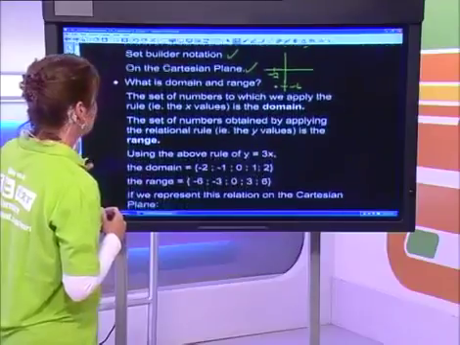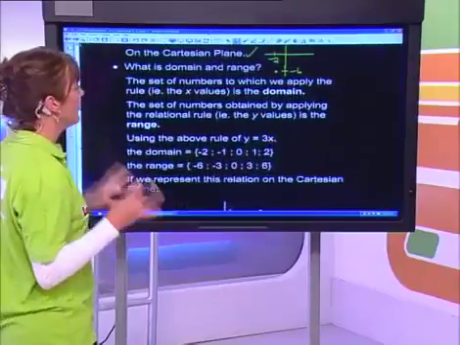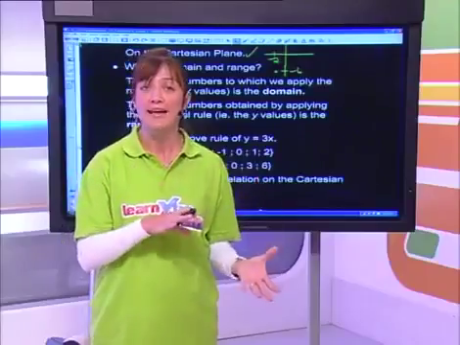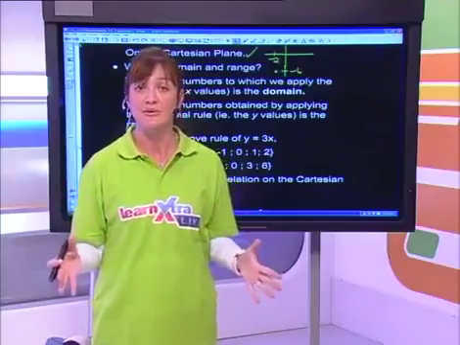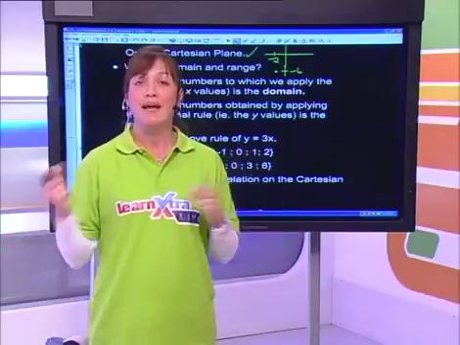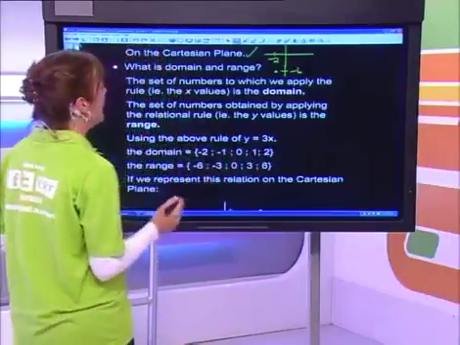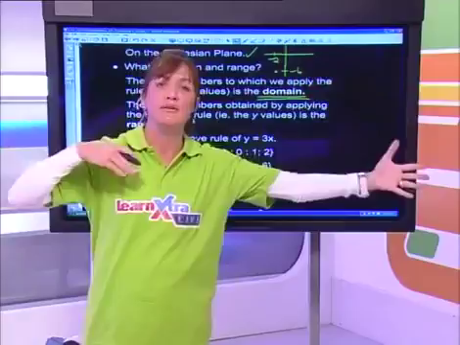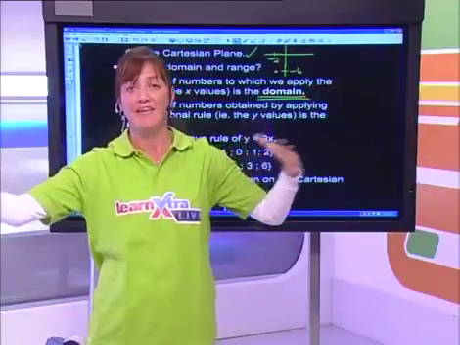Then we talk about two different concepts which we hear quite often when dealing with functions and relations. Just to make sure that you understand these, we talk about domain and we talk about range. For those of you who have done functions at school, I'm quite sure you've heard this plenty in class. Basically, domain is all the x values that we span across in our set of numbers, everything from the lowest x value up to the highest x value.